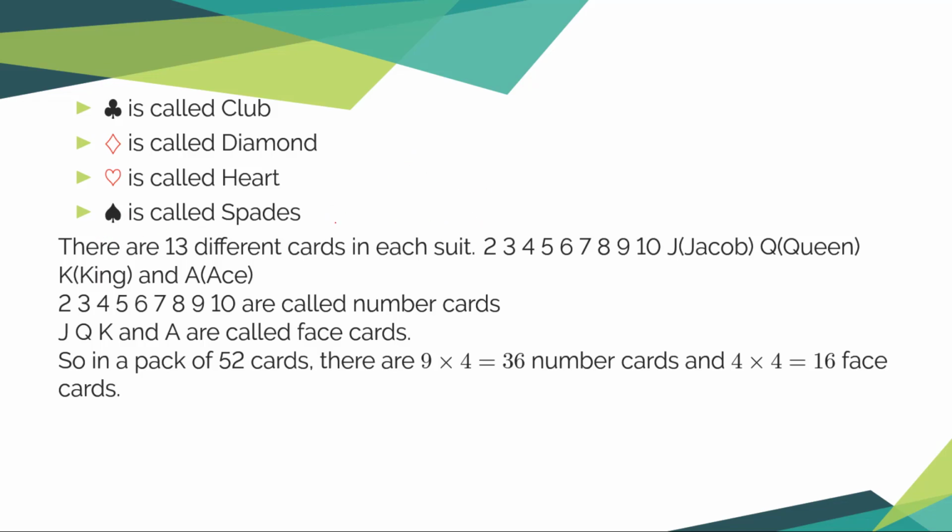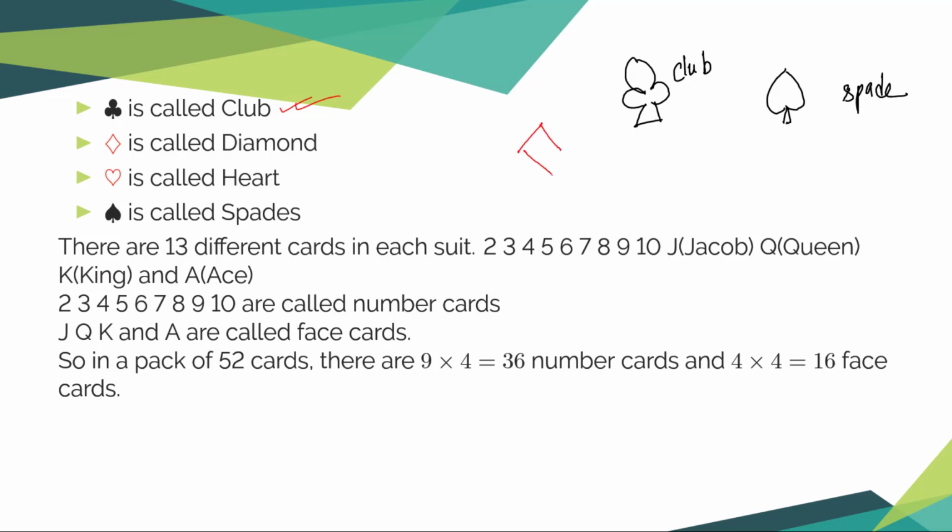This symbol is called a club, right? A symbol like this is called a club. Let me draw it appropriately because it is black. A symbol like this, an inverted leaf kind of symbol, is called a spade. This is a spade, this is a club, right?